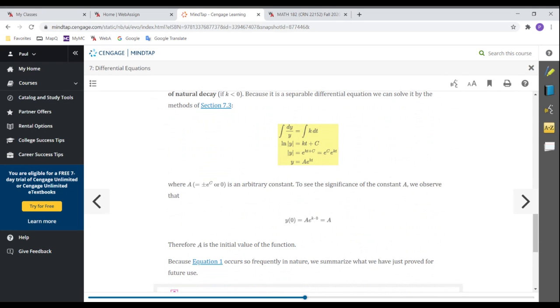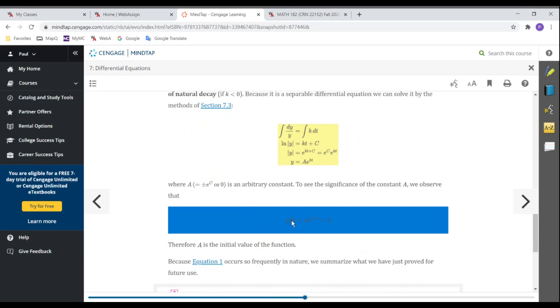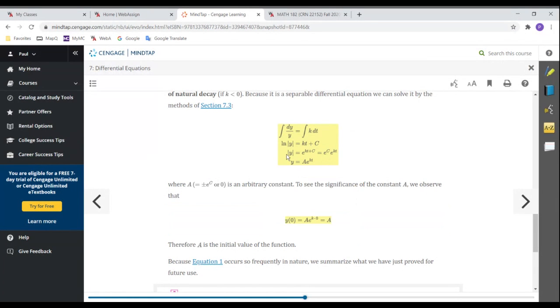But we want to solve for that little constant, right? So at time 0, y of 0 would equal, well, I want to be a little bit careful here.